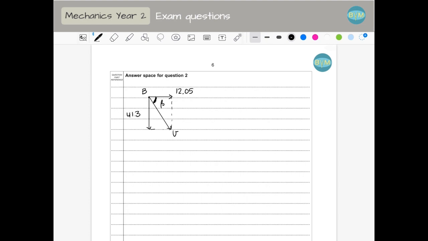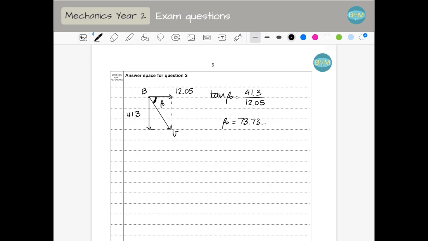This is my beta. So I can use just trigonometry. Tan beta is the opposite, 41.3, divided by the adjacent, this one, just looking at this triangle. So tan beta is 41.3 divided by 12.05.